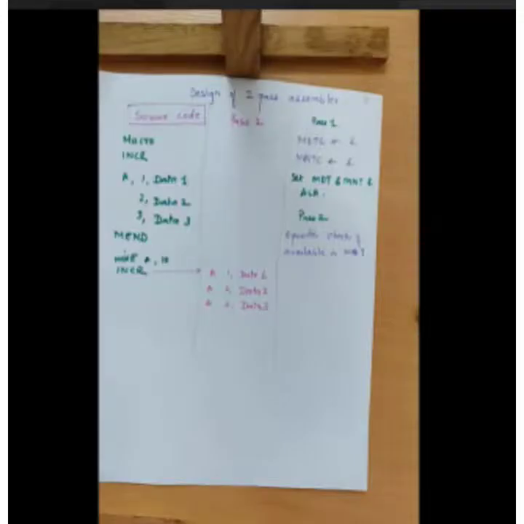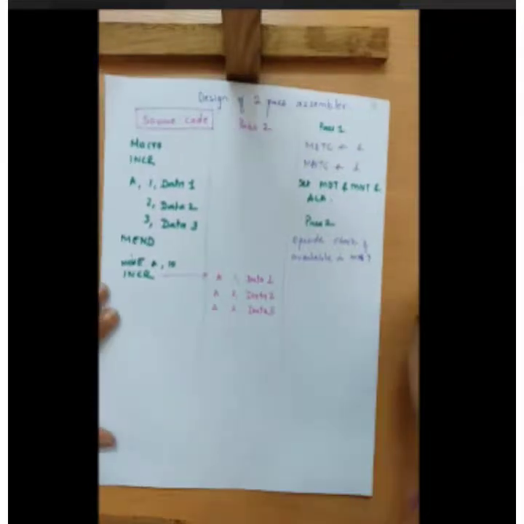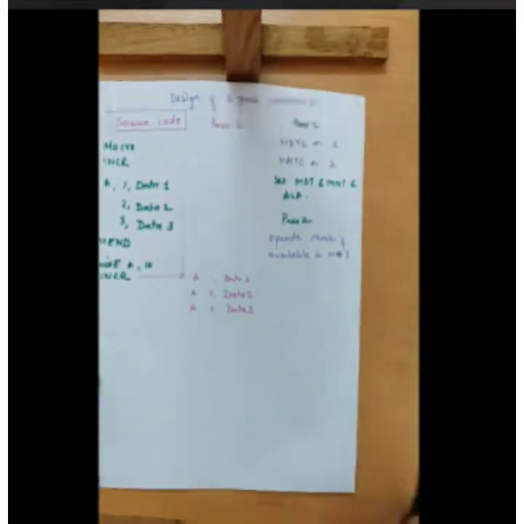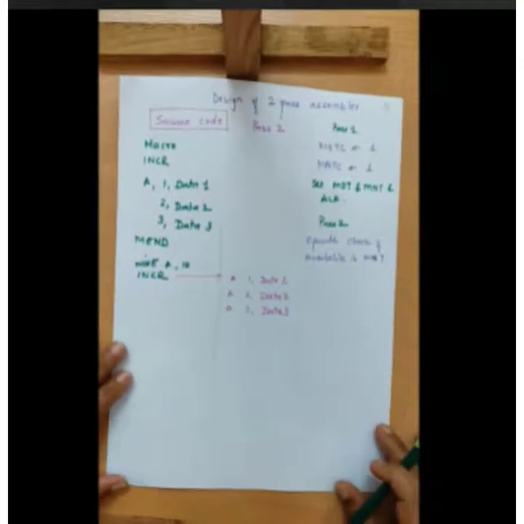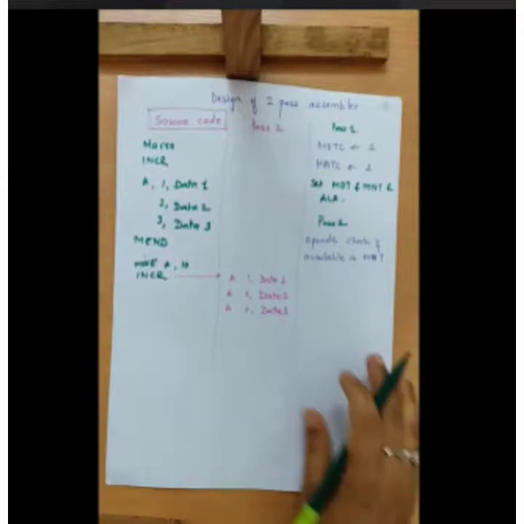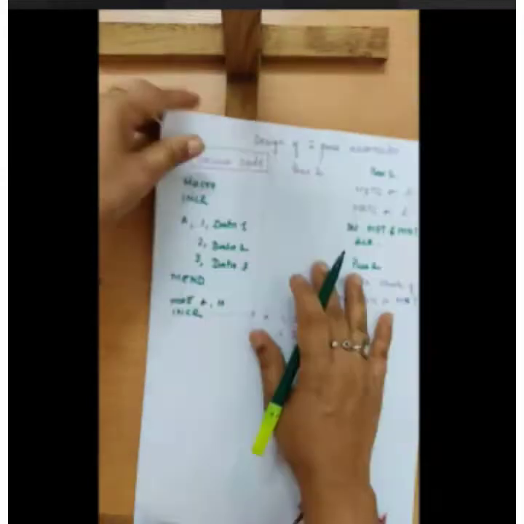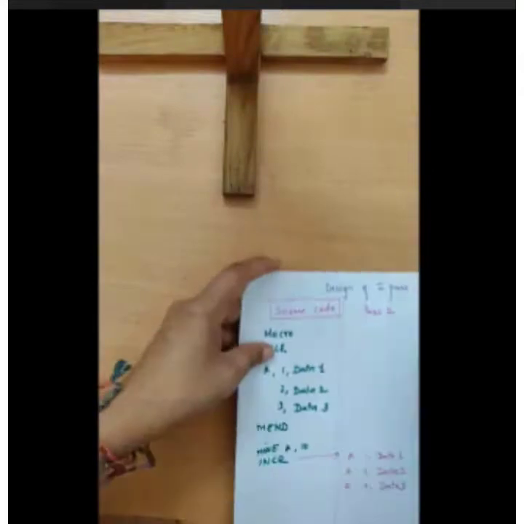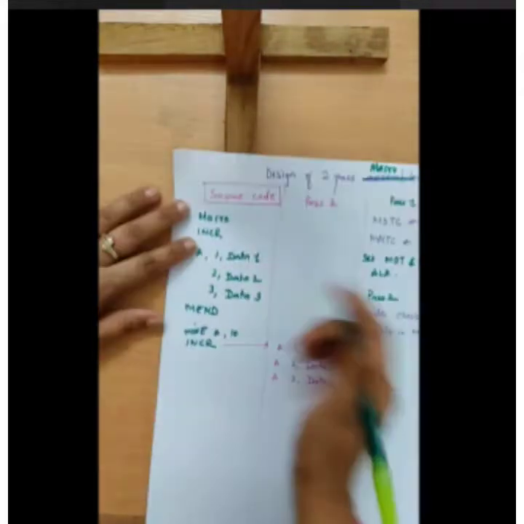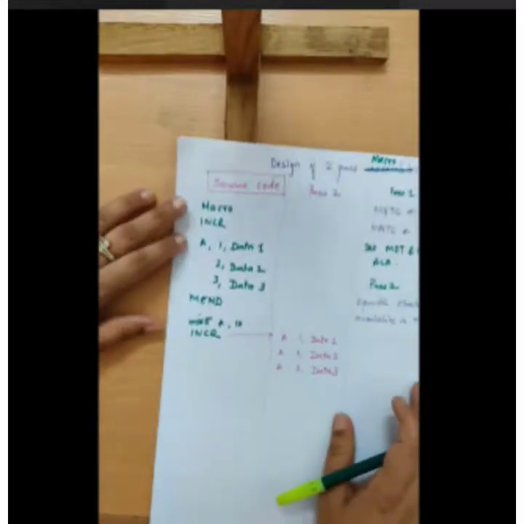I hope that this simple example is visible to you. So now we are going to see the design of a two pass macro processor. We have a simple source code over here.